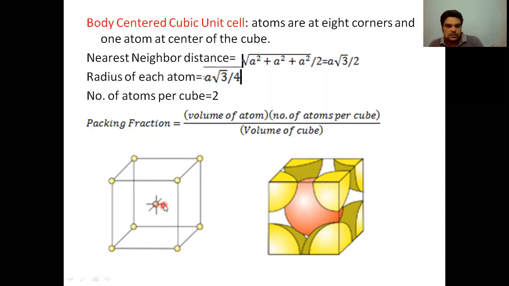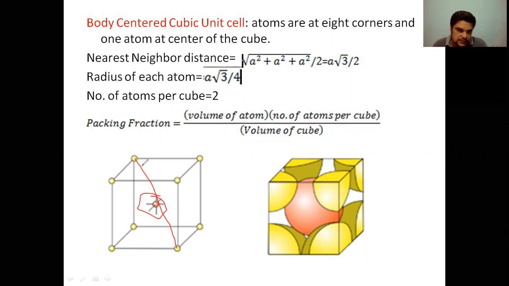You can easily see, this picture is very clear. Now what is the nearest neighboring distance? You can see that if I join this atom and this atom diagonally, then it will touch the center atom here.